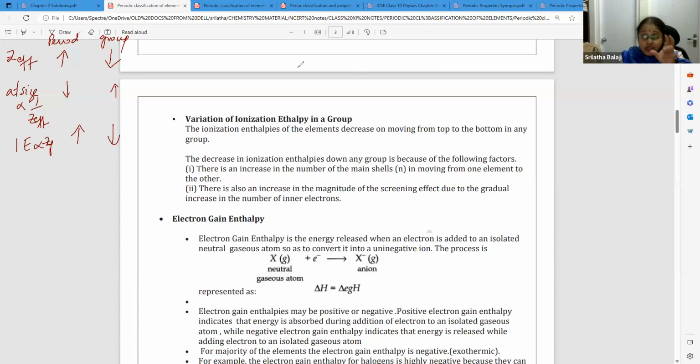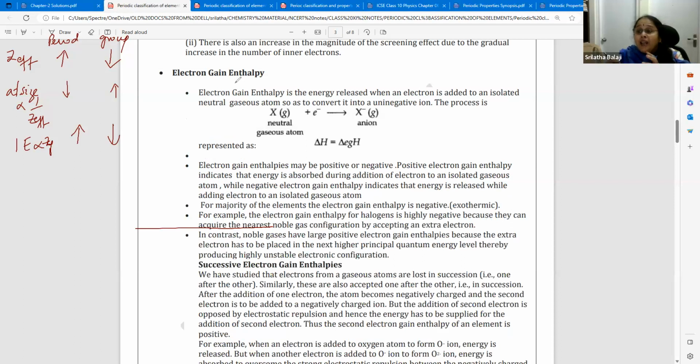So, take a sheet and start updating this from time to time. Start with Z effective, atomic size, ionization enthalpy. The next property I am going to take up is what? Electron gain enthalpy. Look at the word electron gain. It means enthalpy associated during gaining of an electron. As simple as that. So what will happen when an electron is gained?